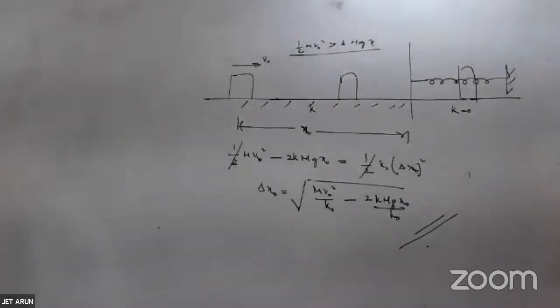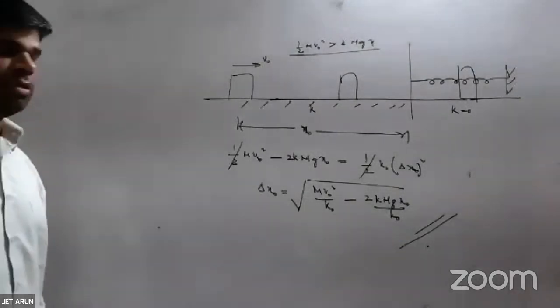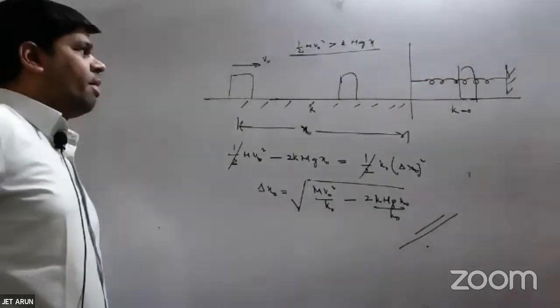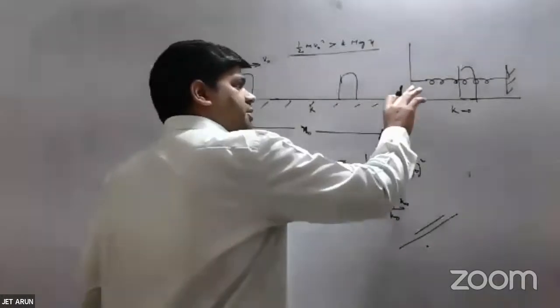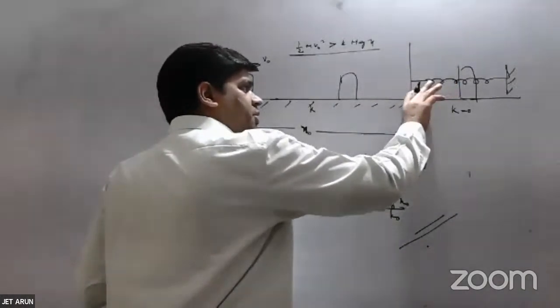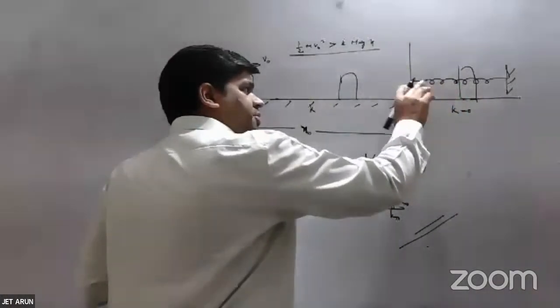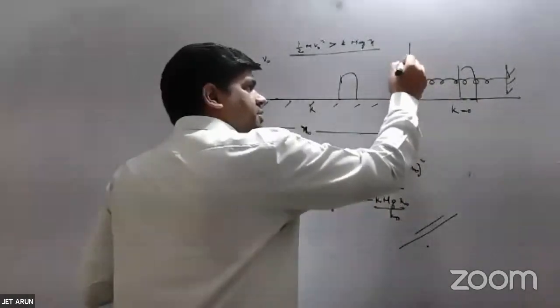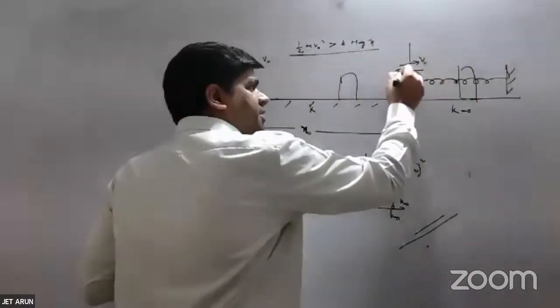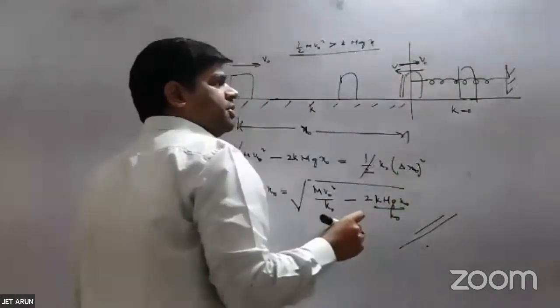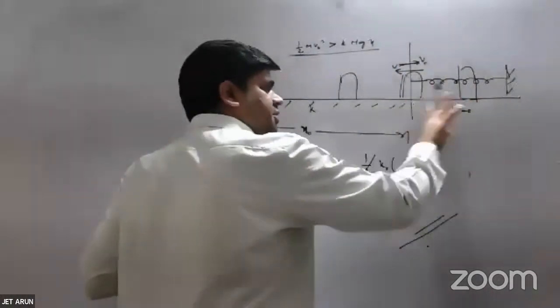But now the question is still not over. I have to find out where it stops. To find that out, the energy over here will be the same as while hitting the spring. Let's say it's V. When it comes back, it's again V, right? Because there is no loss in this region.